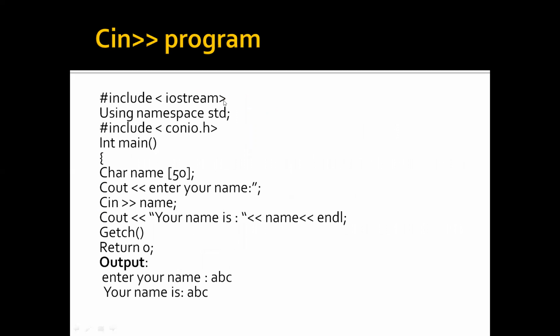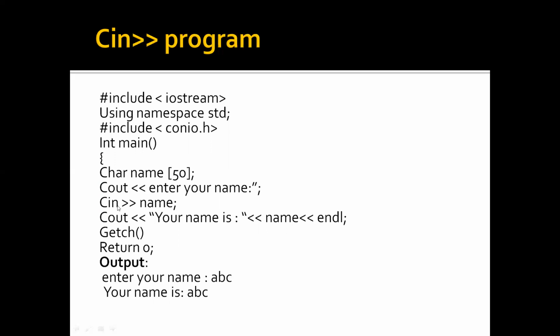Include iostream. Using namespace std is a standard library where we can get some objects in the standard library files. Include conio.h, int main, open the brace, and now we have given a character name with size 550. cout enter your name, and that name is the variable to be taken as input.